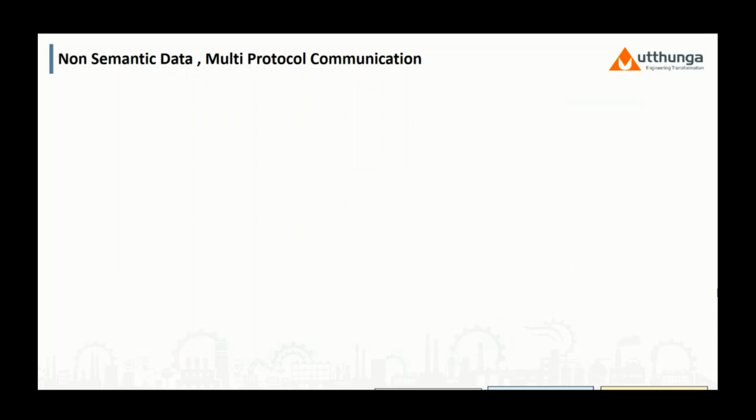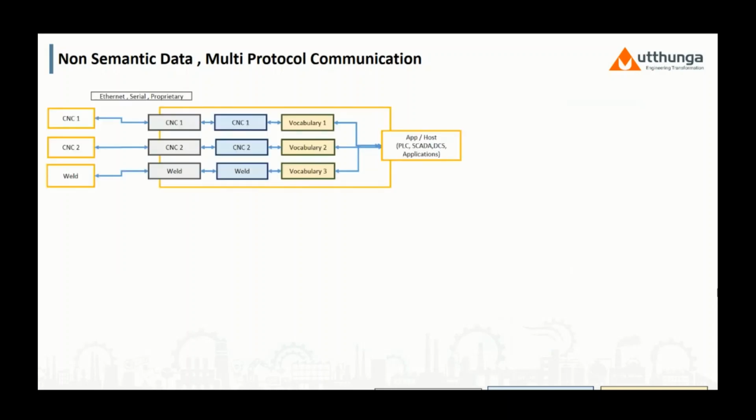So when you look at a typical network where the data doesn't have any semantics, that means every manufacturer has their own dictionary, and they are using multi-protocol communication. This is how typical components look. Your CNC1 is connected on a proprietary interface or Ethernet or serial, and then that particular protocol stack will be there.